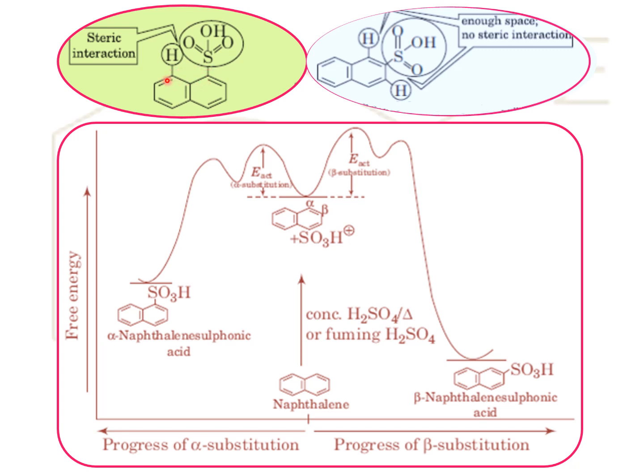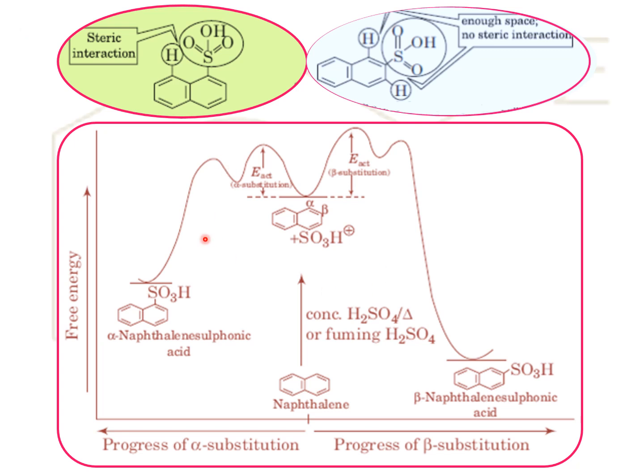So the alpha naphthalene sulfonic acid, 1-naphthalene sulfonic acid, is found to be less stable because of that steric interaction. When coming to the 2-sulfonic acid, it does not have that much steric hindrance among the adjacent hydrogen. Because of that, 2-naphthalene sulfonic acid was found to be the most stable thermodynamically controlled product.